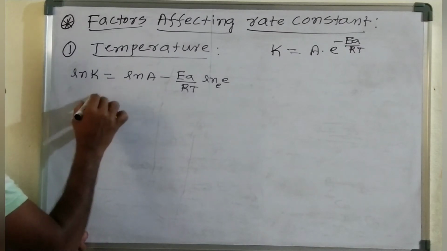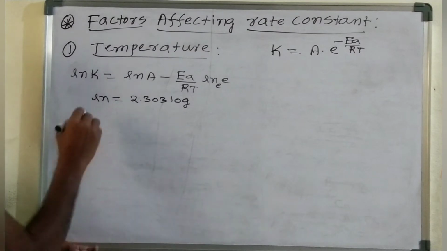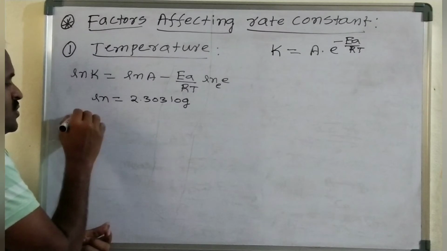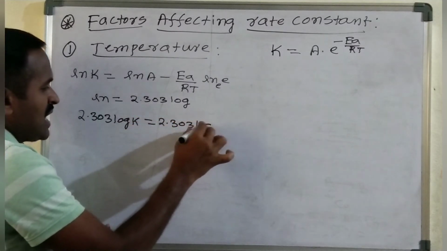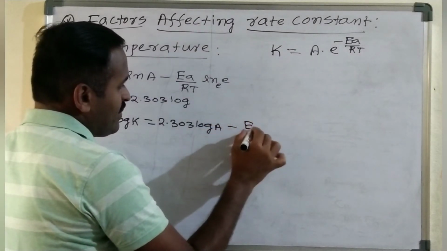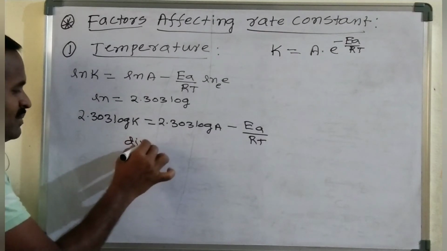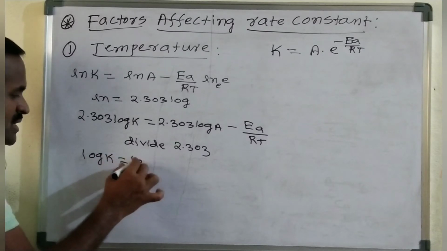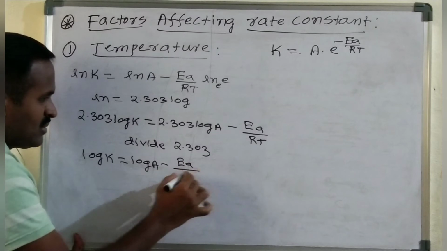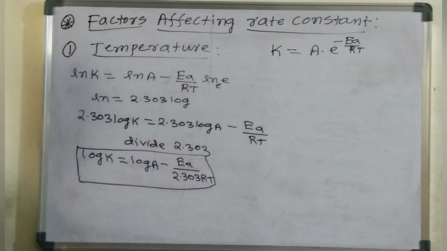And ln is simply 2.303 log, so 2.303 log k = 2.303 log A - Ea/RT. Dividing the whole equation by 2.303, you get log k = log A - Ea/(2.303 RT). This is the simple equation.